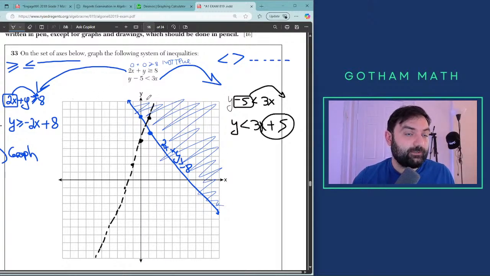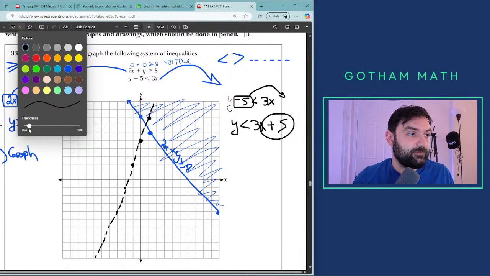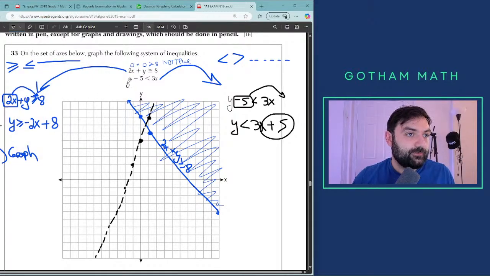Now the shading. Let's plug in 0, 0 over here. 0 minus 5 less than 0. Negative 5 less than 0. Is that true? Yes, it is true. We shade towards 0, 0. This way. So everything towards 0, 0.